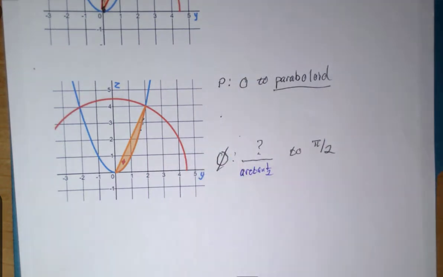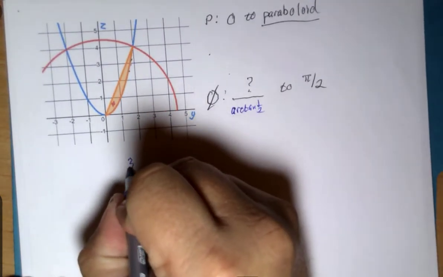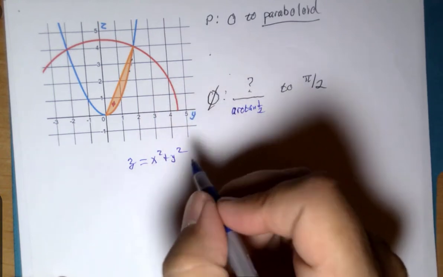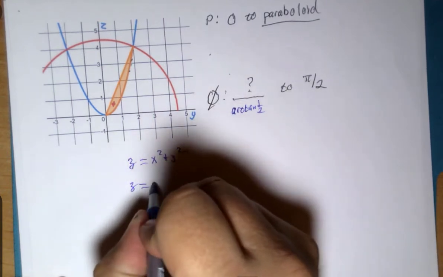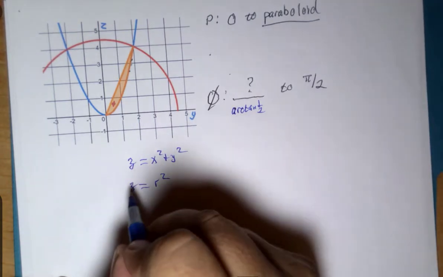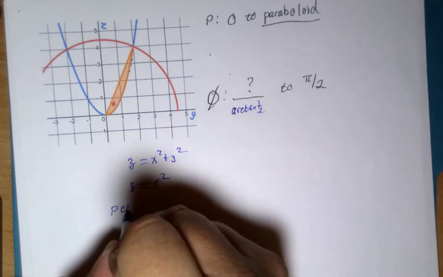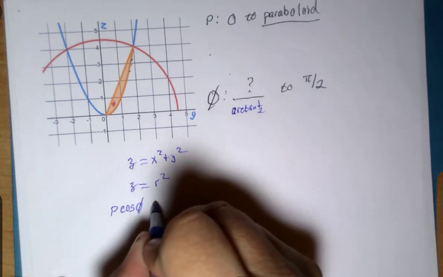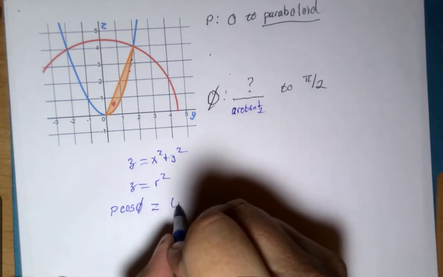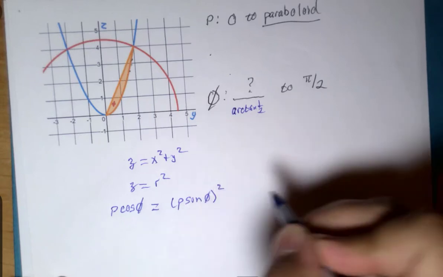Well, we know the paraboloid z equals x squared plus y squared, or z equals r squared. In spherical coordinates, z is equal to rho cosine of phi, and r is equal to rho sine of phi, and we'll square that.